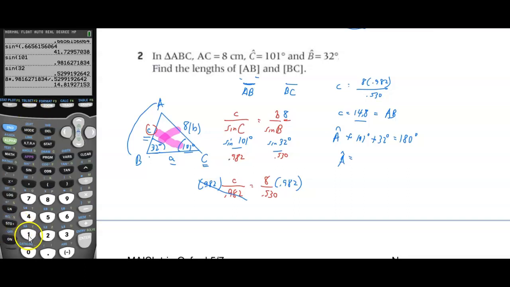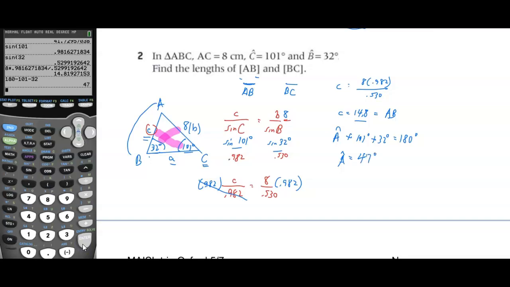So let's do that. 180 minus 101 minus 32. So the answer for capital A angle is 47 degrees.